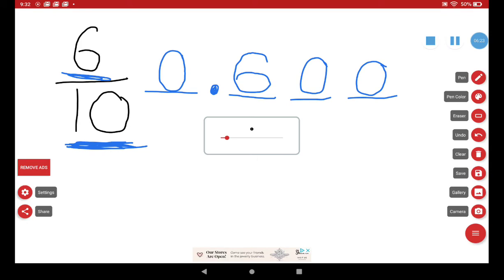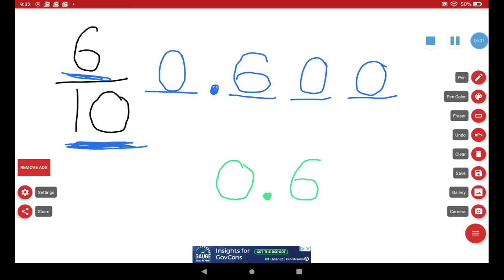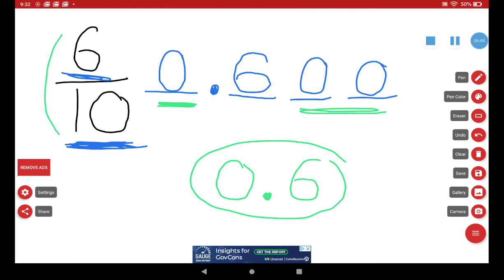Just 0, and, I say and when I put the decimal, 6/10. I don't need the zeros after it, but I do need the zeros before it. Make sense? I need the zeros to the left. I don't really need the zeros to the right. So my answer, 6/10 becomes 0.6. All right, let's do that again.